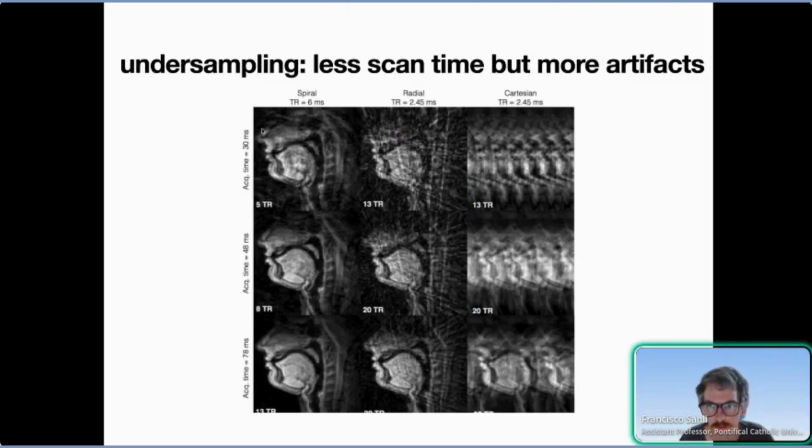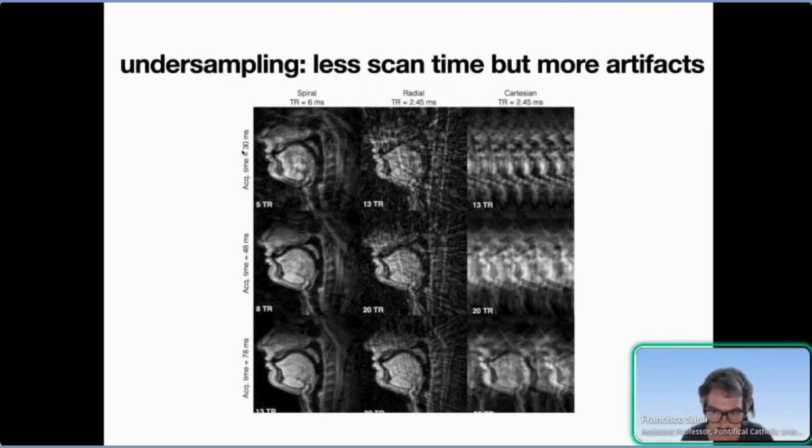We would like to have the patient in the scanner for as little time as possible. To do that, we can do undersampling, where basically we acquire fewer lines in k-space. Here you can see an example of different trajectories with different acquisition times.